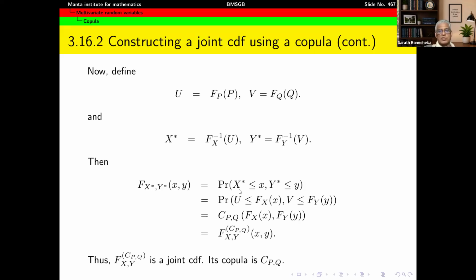And because X star is equal to this one, you can write this expression as U less than or equal to this and V less than or equal to this.